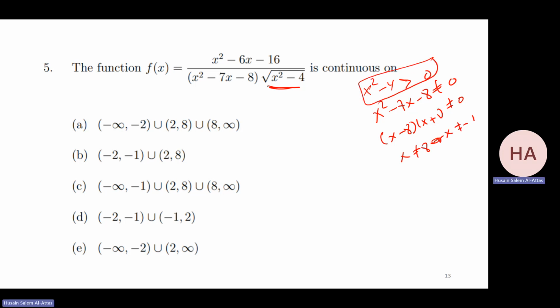For this one, it's an inequality, x squared minus 4 greater than 0. I can say x squared greater than 4, take the square root, I have absolute value of x greater than 2, so x less than -2 or x greater than 2.